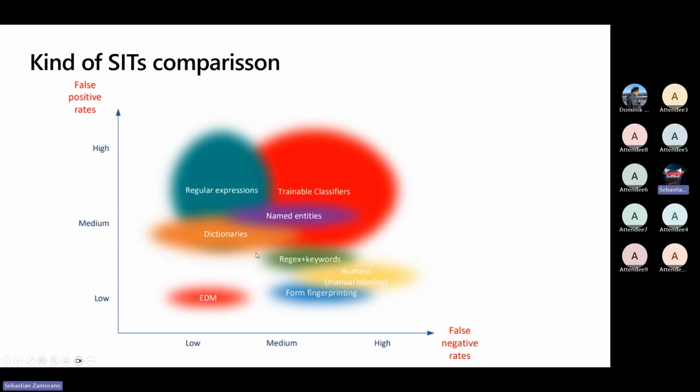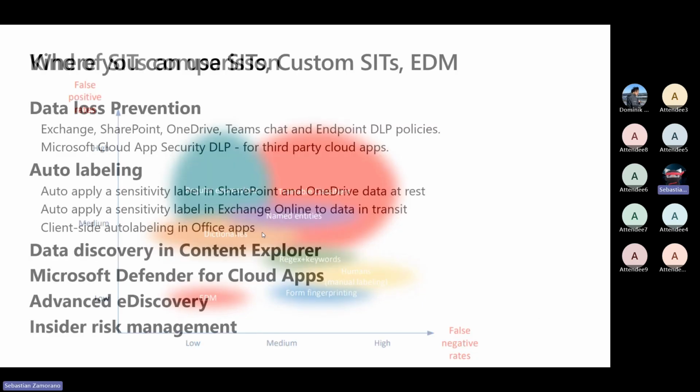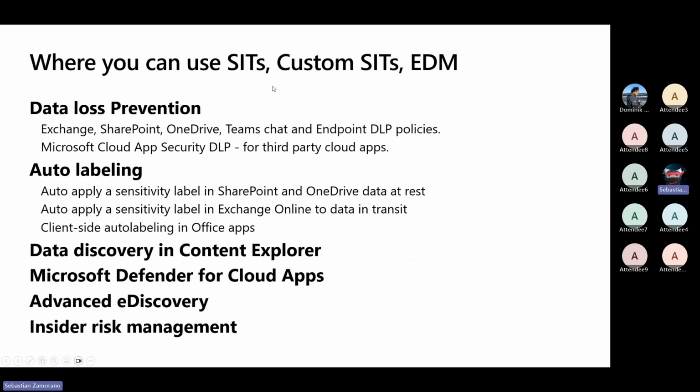We have several things, but with EDM, we can greatly reduce the false positive rate and the false negative rate, because with EDM we are focused on identifying if someone is extracting part of a database. That is the big deal.